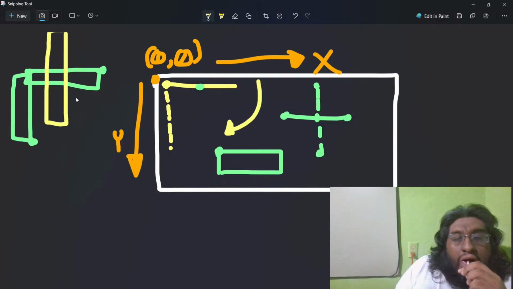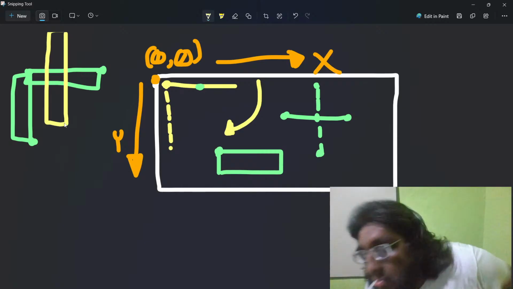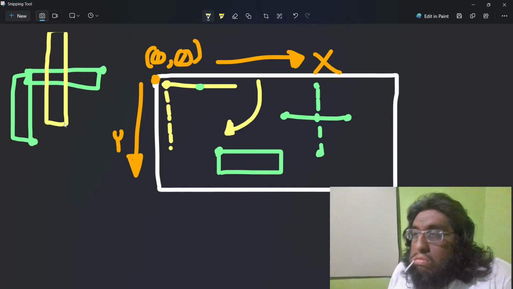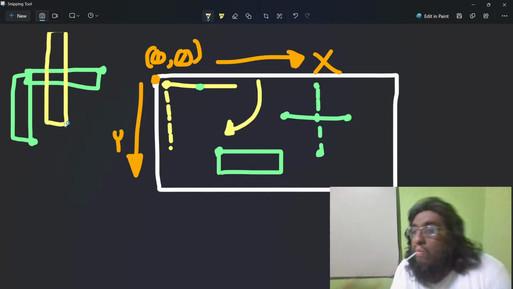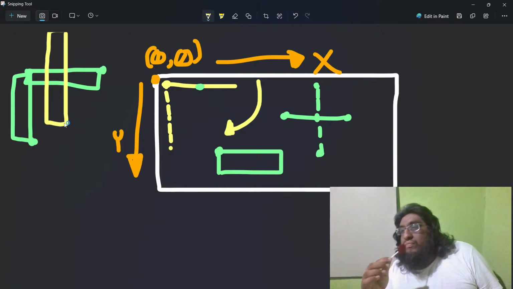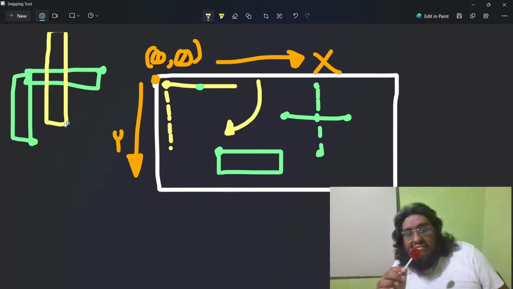I don't know what path to follow. We have two paths: the rectangle and the line.